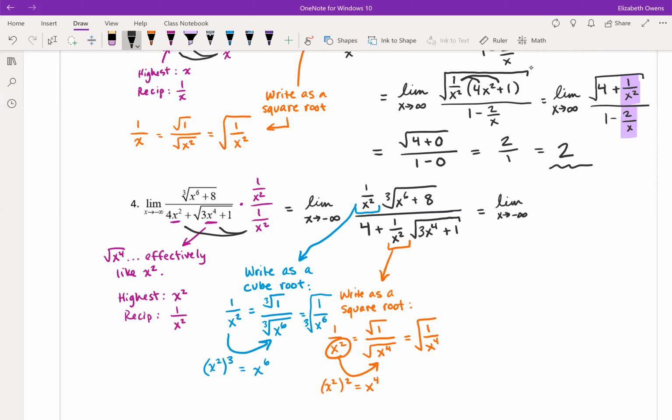And we'll have cube root of 1 over x to the 6th and the cube root of x to the 6th plus 8 in the numerator. And then 4 plus our square root of 1 over x squared times the square root of 3x to the 4th plus 1.